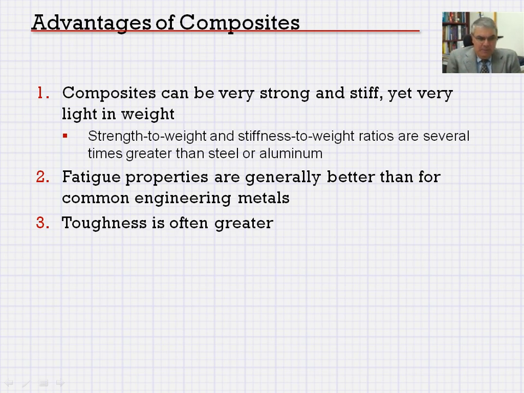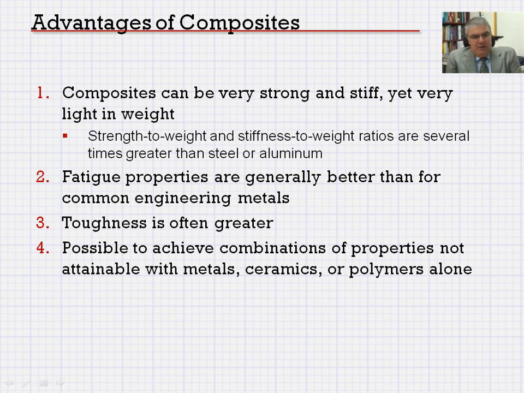Fatigue properties are very important when we talk about composites and metals in general. So composites provide an attractive alternative to metals when we talk about fatigue. Also, toughness is often greater.